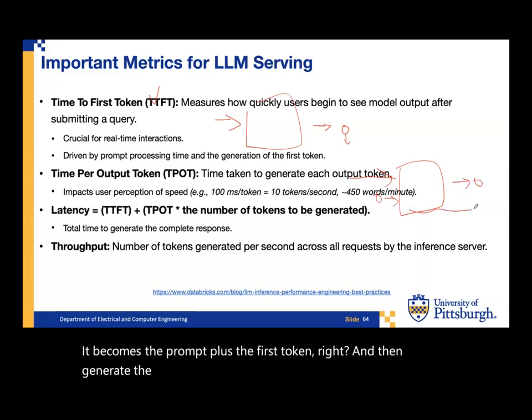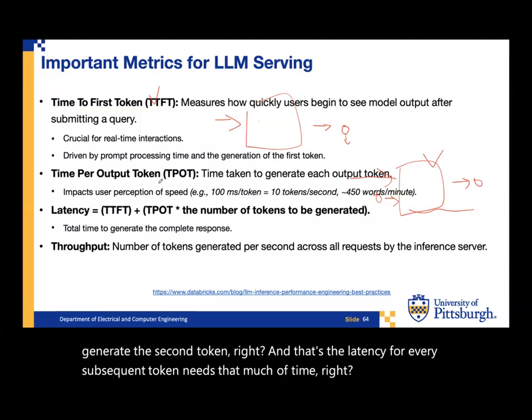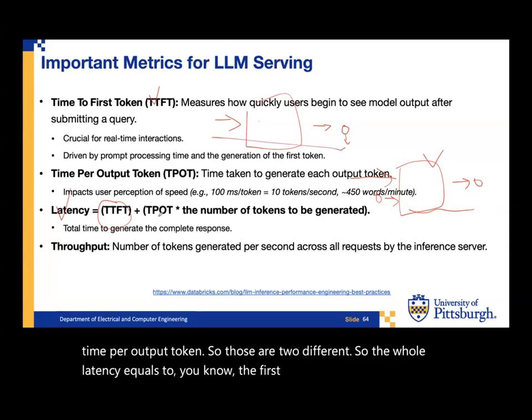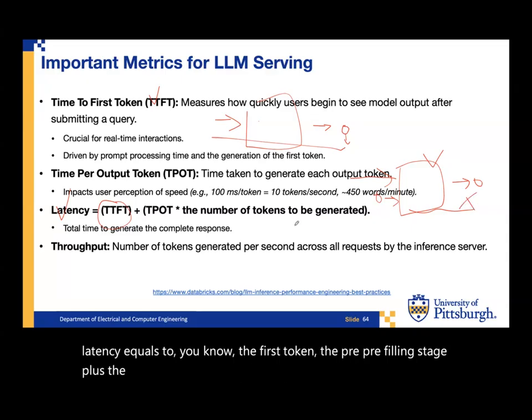That's the latency for every subsequent token, so that's the time per output token. Those are two different things. So the whole latency equals the first token, the pre-filling stage, plus the time per token times how many tokens I have, right? That's easy to understand.